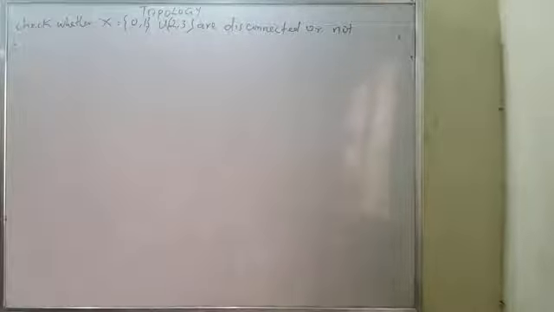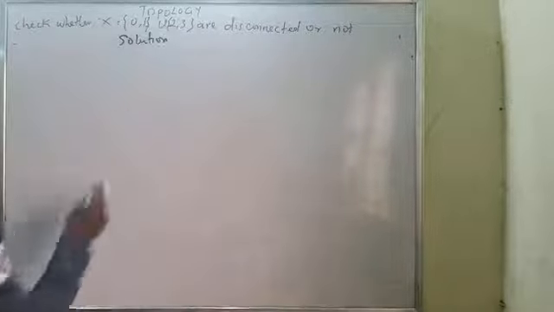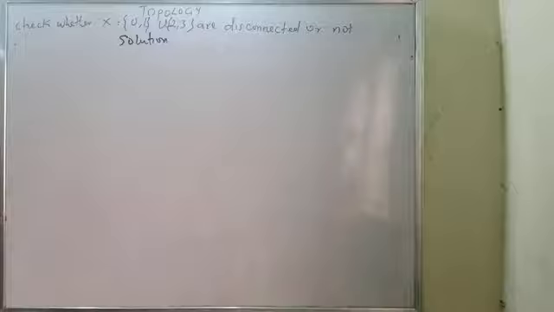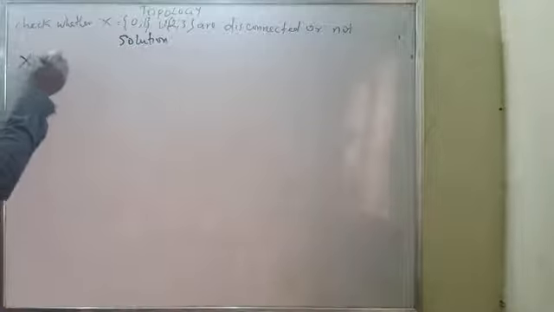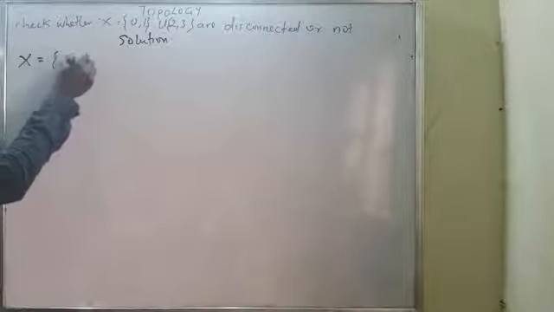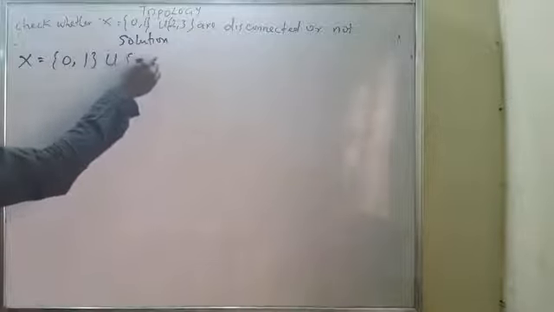How do I solve this? I want to check whether it is connected or not. The set X is given to us as the interval 0 to 1 union the interval 2 to 3.